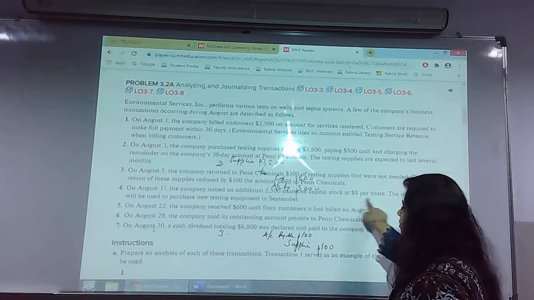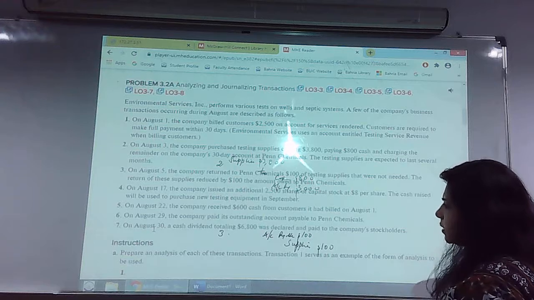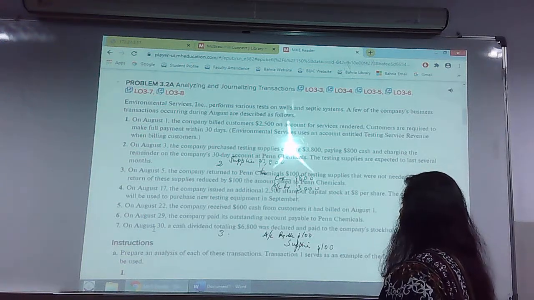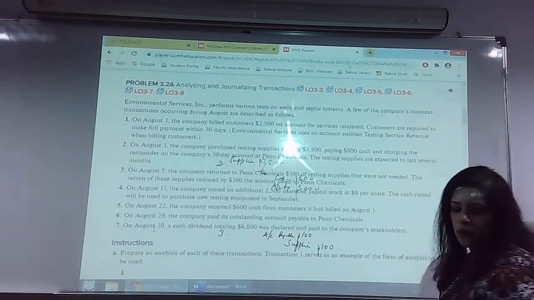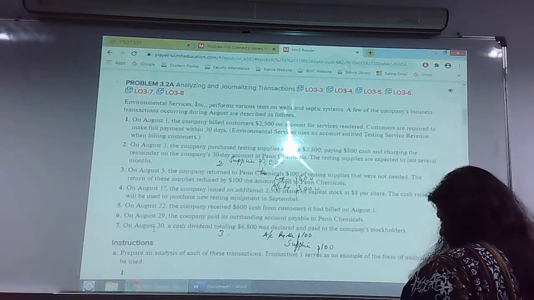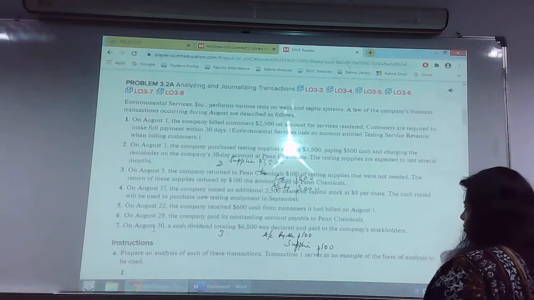Then on the fourth number, the transaction says that on August 17, the company issued additional shares of capital stock at $8 per share. So you just multiply $8 with 2,500. Okay, let's just multiply this, 2,500 with 8. You get about 20,000.